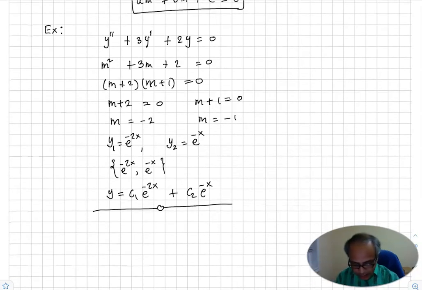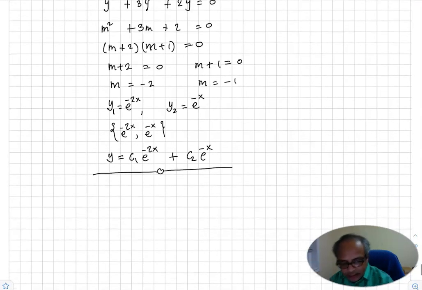Hopefully this example helps you to understand. Now I'm going to consider a very similar example.